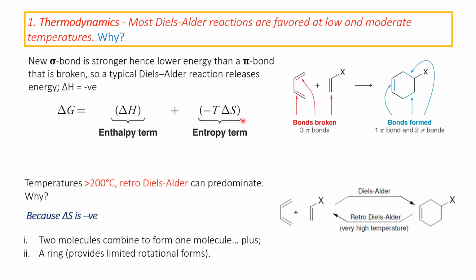So at very high temperatures, this positive value will be large, and so it will dominate. And so delta G would now be positive, i.e. non-spontaneous. But non-spontaneity from left to right means that there is spontaneity from right to left. Hence, the domination of the retro Diels-Alder at higher temperatures.